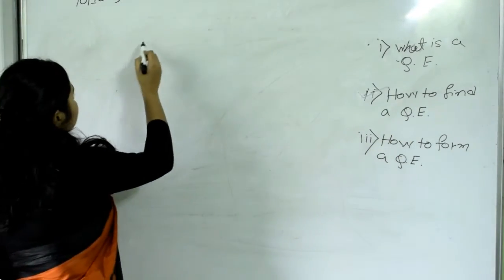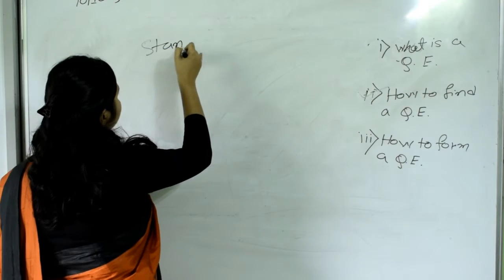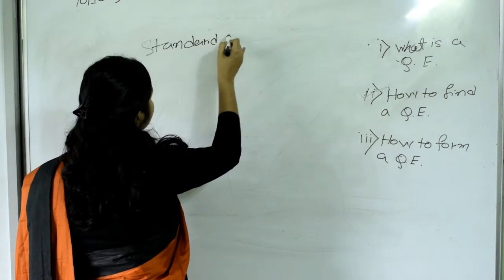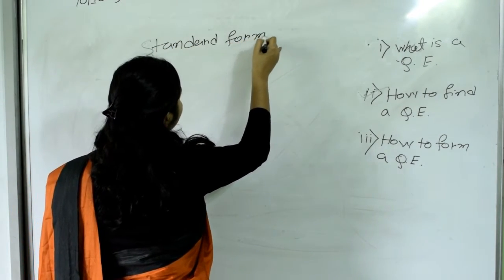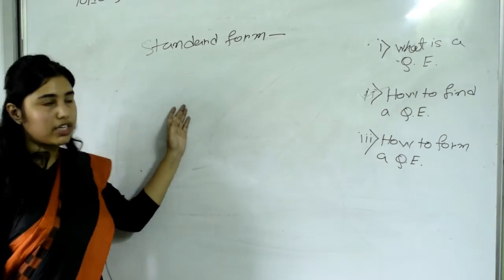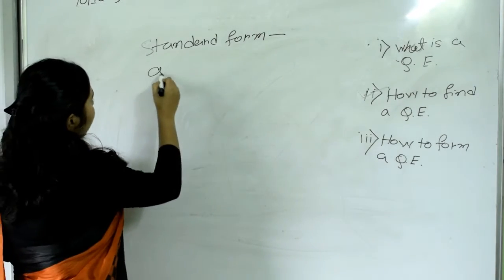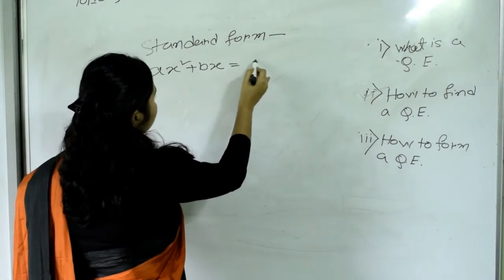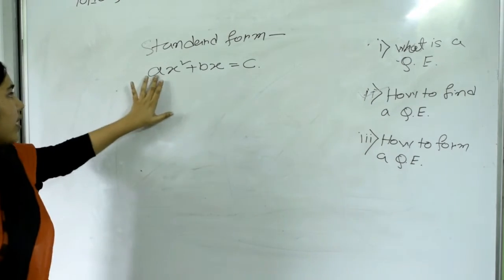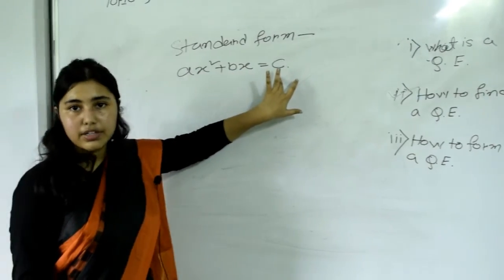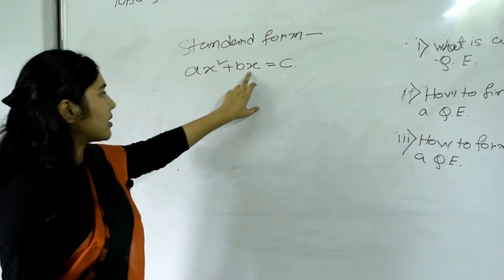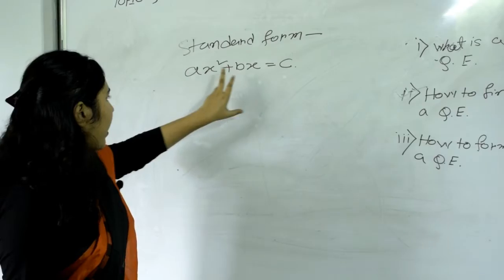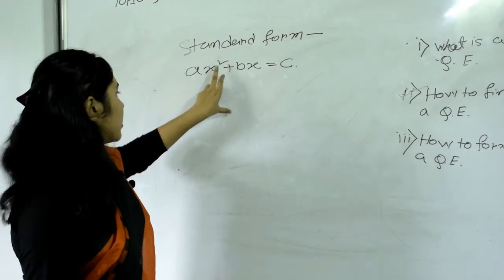So what is the standard form or general form of a quadratic equation? It is ax square plus bx plus c equals 0, where a, b, c are the coefficients and x is our variable and the highest power of x is 2.